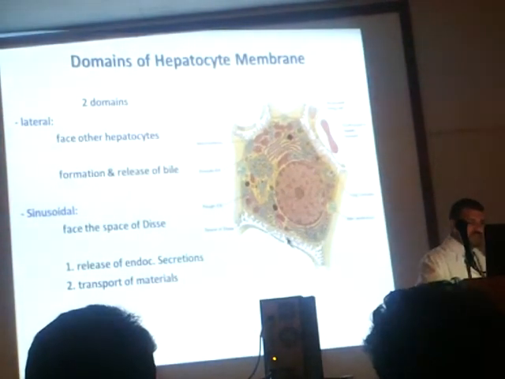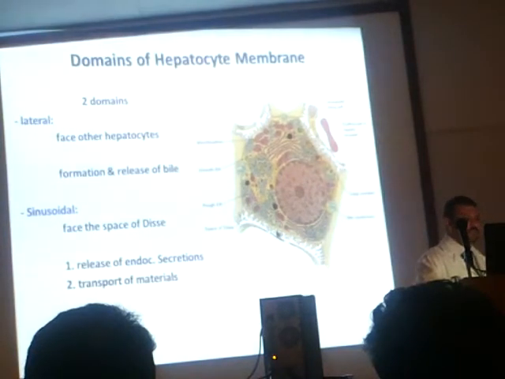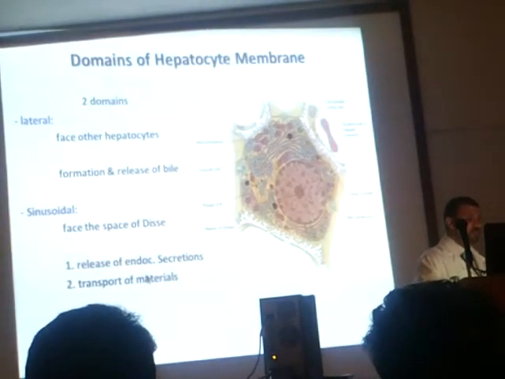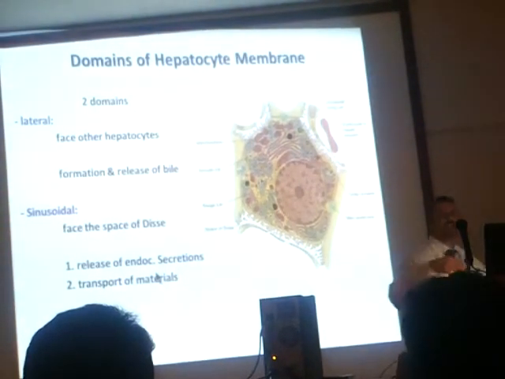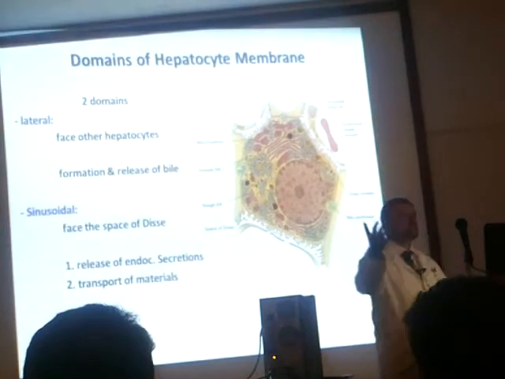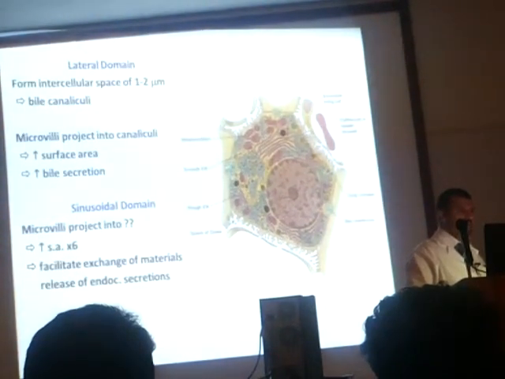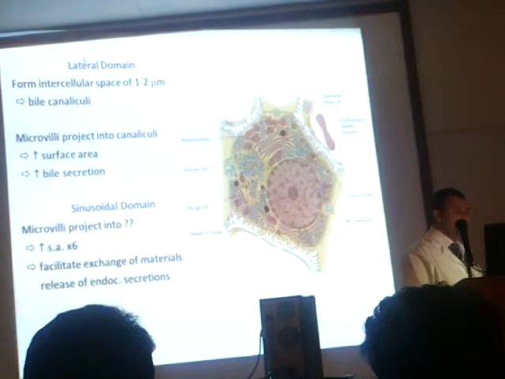While in this area, you will see the space of Disse, which is related to the release of endocrine secretion and the transport of materials, exchange, taking oxygen, releasing CO2, for example. In the lateral domain you will see the bile canaliculi.